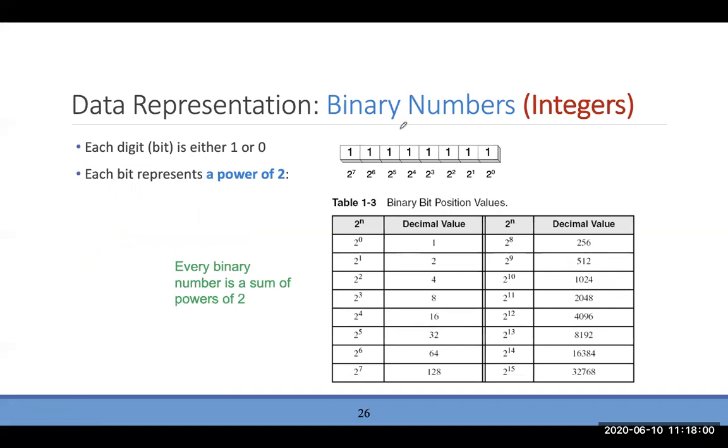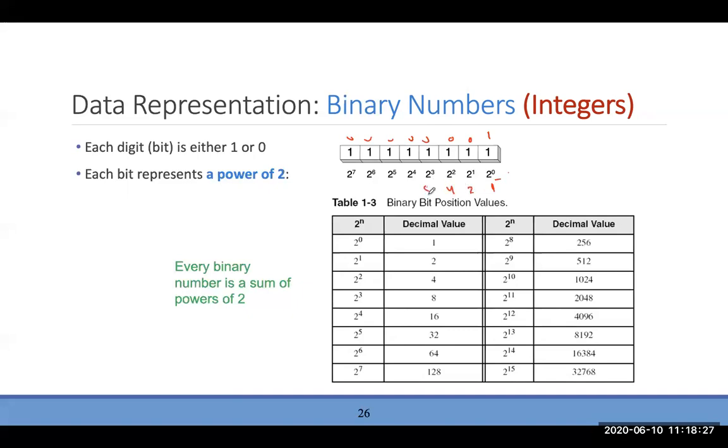So this is like a byte right here. And if you look at this number right here, we have it all ones, right? So this is 1 byte. What if I have 1, 0, 0, 0, 0, 0, 0, 0? So this is just 1. How did I know that this is a 1? 2 to the power 0 is what? 1. So 2 to the power 0 here is going to be 1, right? 2 to the power 1 is going to be 2. 2 to the power 2, 4.